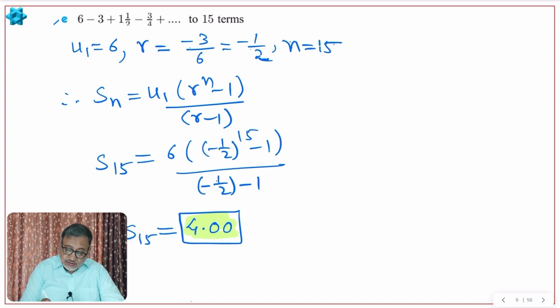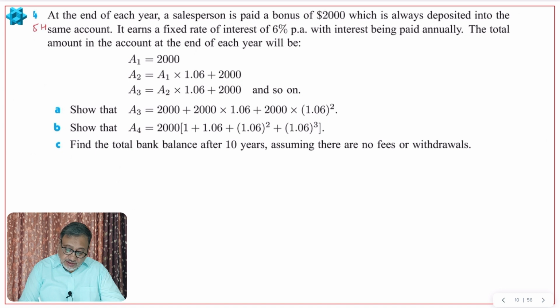Now next question. It says at the end of each year a salesperson is paid a bonus of 2000 which is always deposited into the same account. It earns a fixed rate of interest of 6%. So in the beginning he receives 2000, then 6% interest is added to it.